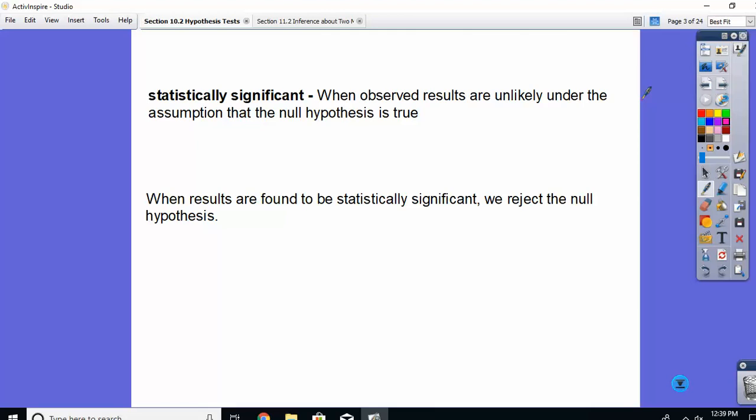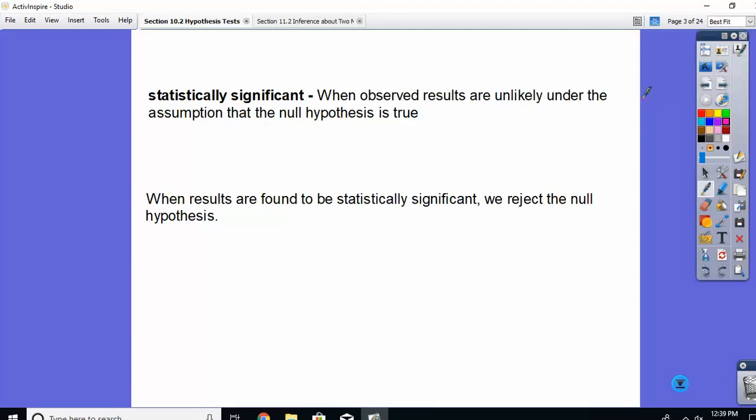So if I am assuming something is true, and under that assumption, you find out that the probability of whatever occurring is 0.005, so there is a 0.5% chance that it would actually happen if my null hypothesis was true, then would you believe my null hypothesis? No, because it would be very, very unlikely under those conditions.